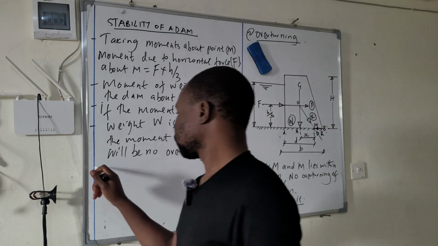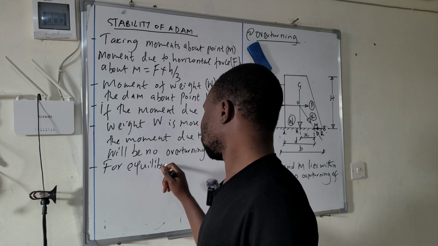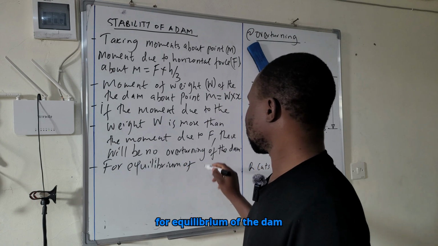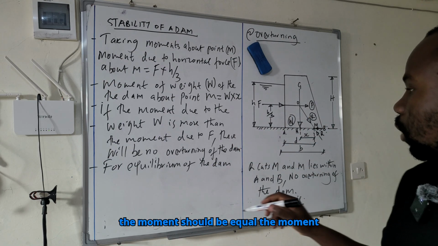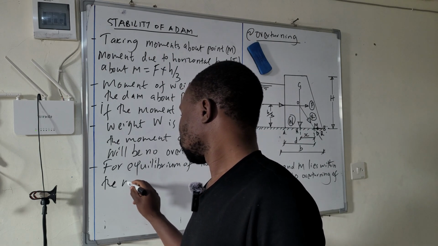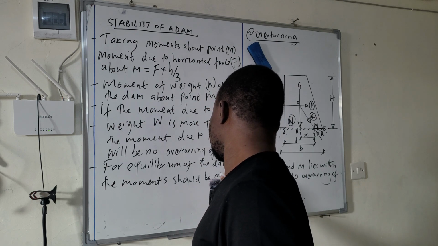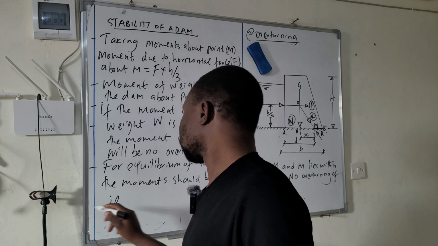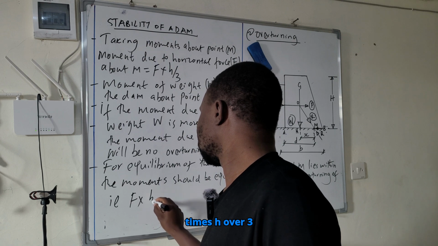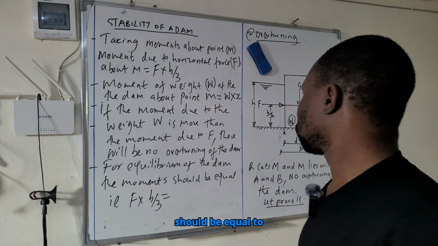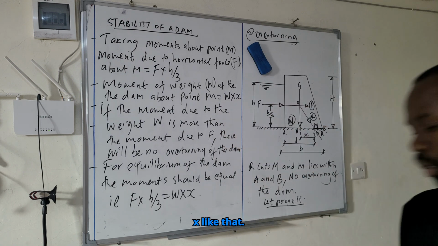So for equilibrium of the dam, the moment should be equal, i.e. F times H over 3 should be equal to W times X, like that.